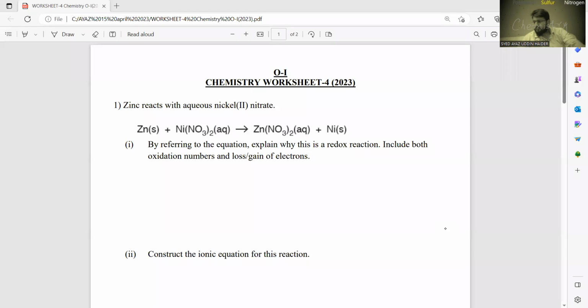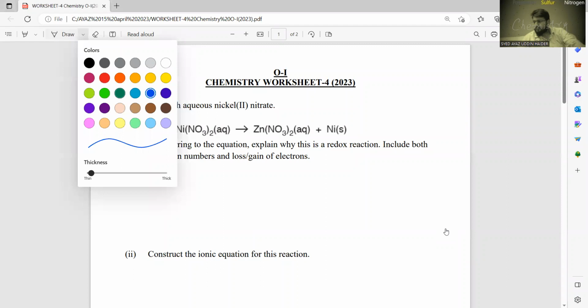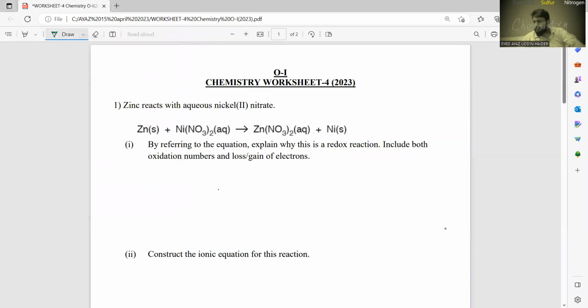This will be the last chemistry worksheet which will help them to excel in the final exam 2023. So I'm reading the question from this worksheet. Question number 1, zinc reacts with aqueous nickel nitrate.